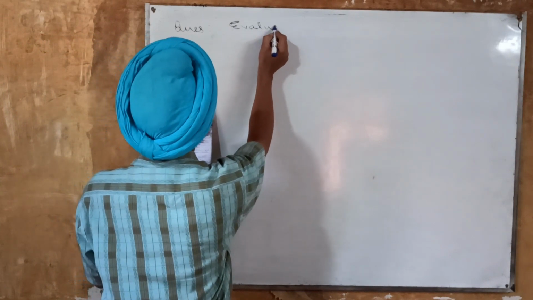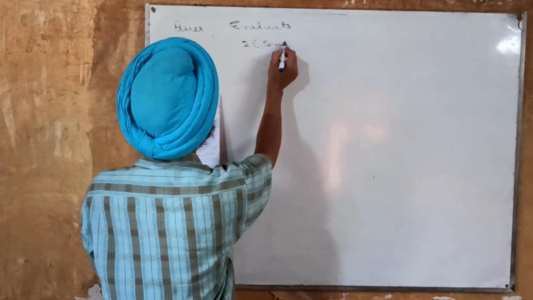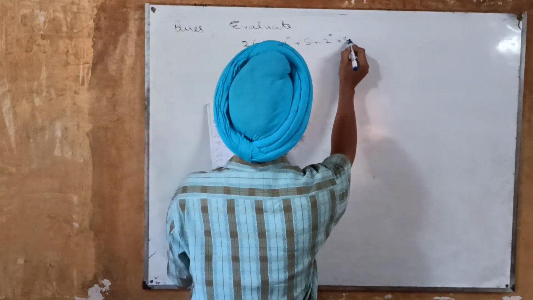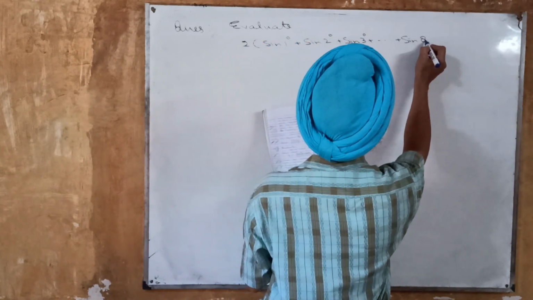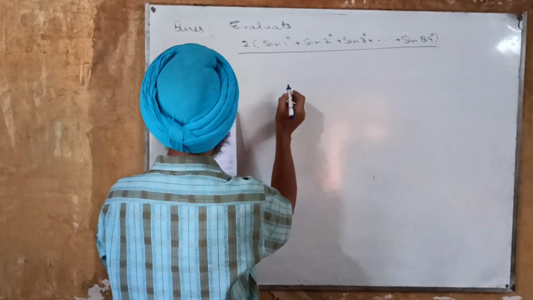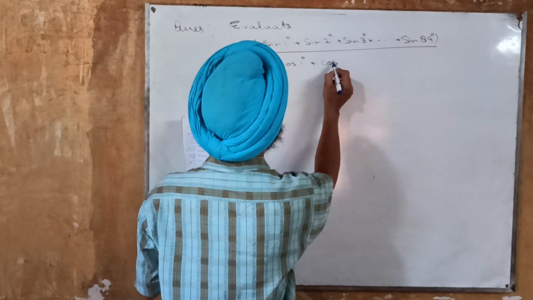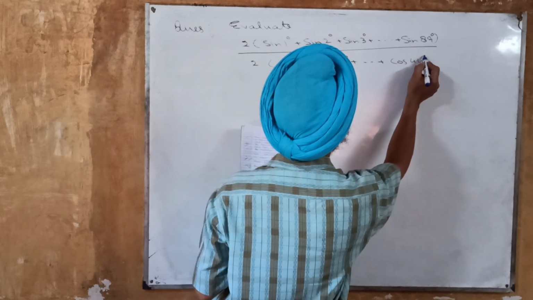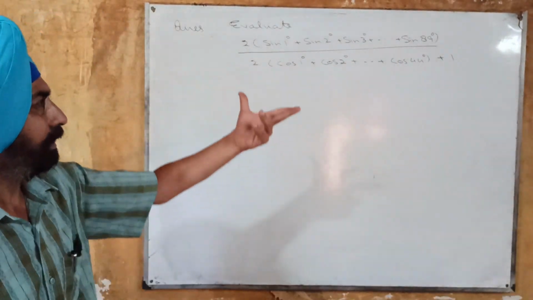Evaluate 2 times (sin 1 degree plus sin 2 degree plus sin 3 degree and so on up to sin 89 degree) divided by 2 times (cos 1 degree plus cos 2 degree and so on plus cos 44 degree) plus 1. We have to evaluate this quantity.